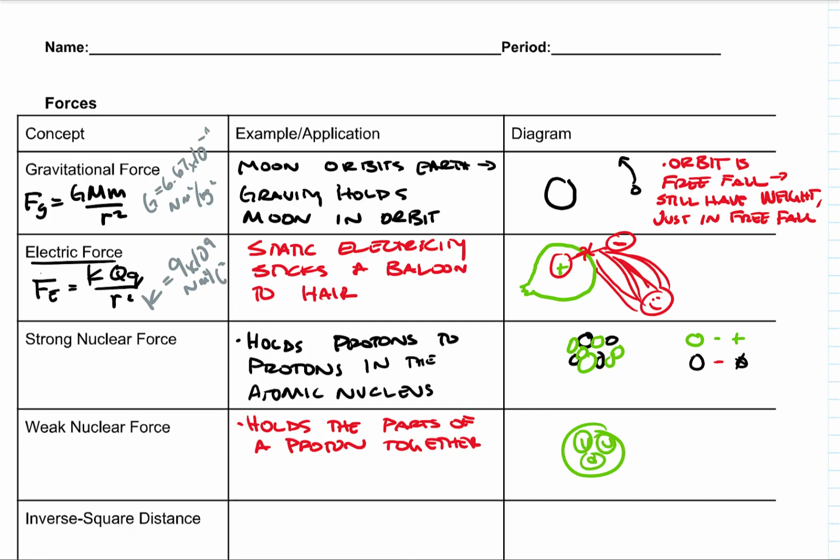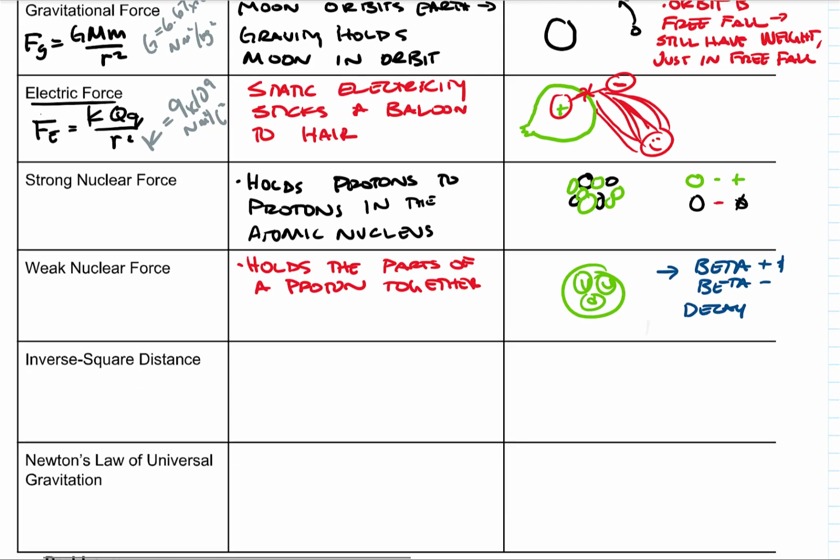They're held together by the weak nuclear force. When this breaks down, you get beta decay. So we have a proton turning into a neutron, or a neutron turning into a proton, based on different things that happen.